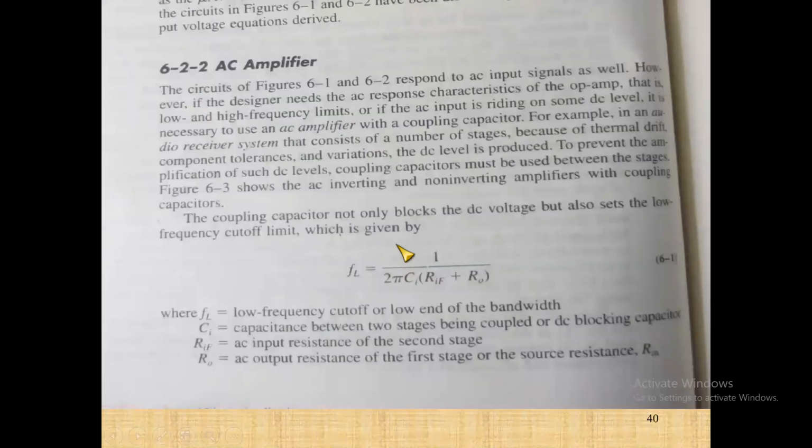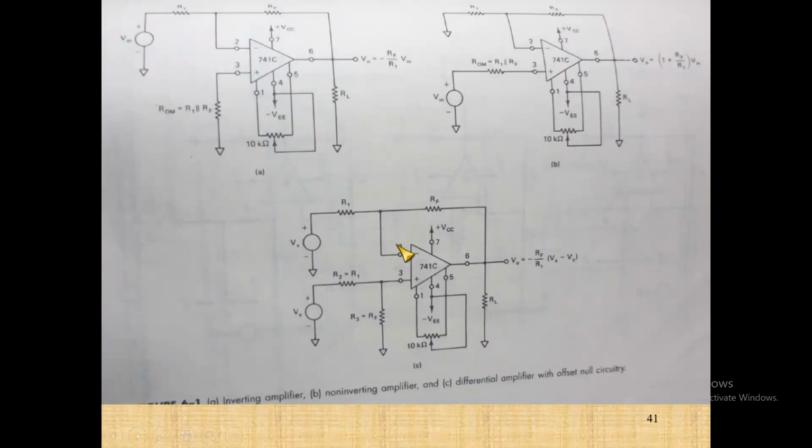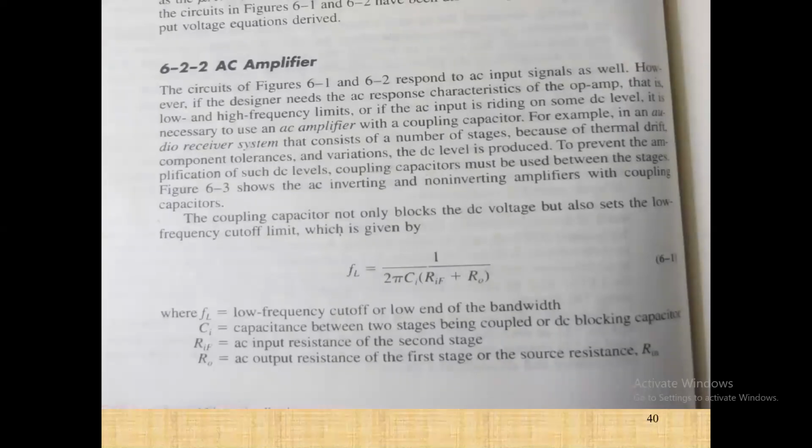Now, when we come to the AC amplifier, we are worried about how the performance of that circuit will be when we have low and high frequencies. So under that condition, we will try to put a coupling capacitor. An AC amplifier always has a coupling capacitor.